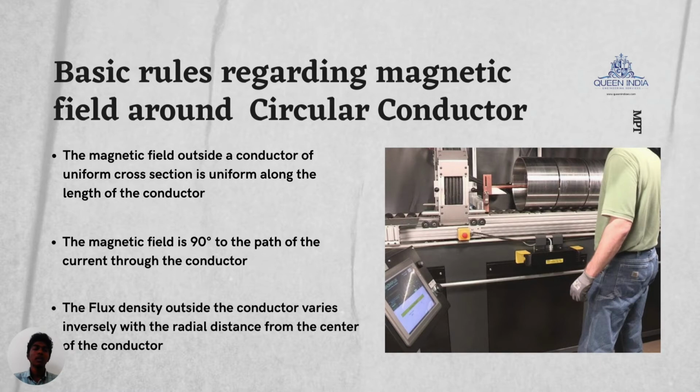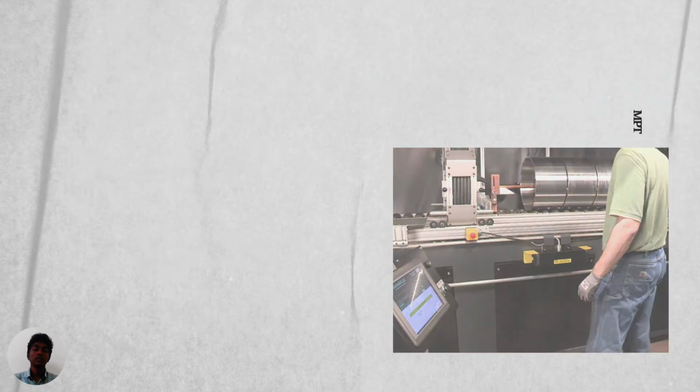Basic rules regarding the magnetic field around a circular conductor: the magnetic field outside a conductor of uniform cross section is uniform along the length of the conductor. The magnetic field is at 90 degrees to the path of current through the conductor. The flux density outside the conductor varies inversely with radial distance from the center of the conductor.